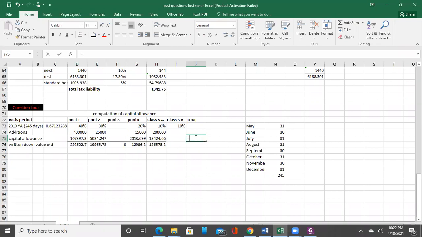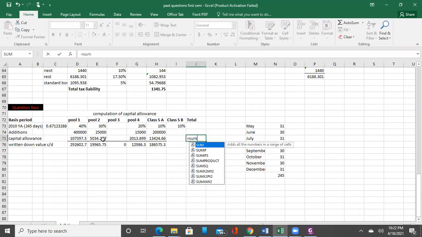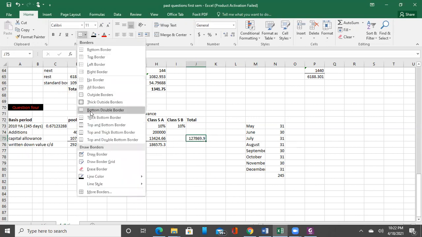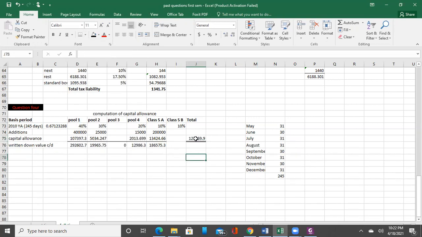Then the total here is equal to the summation of the capital allowances I have here. So for the 2010 year of assessment, this is my total capital allowance. This is what the question wants you to get for the 2010 year of assessment.